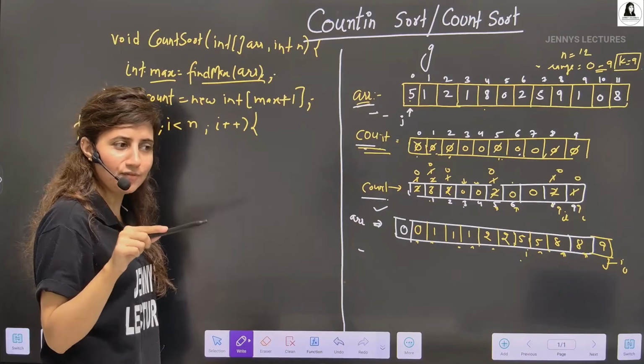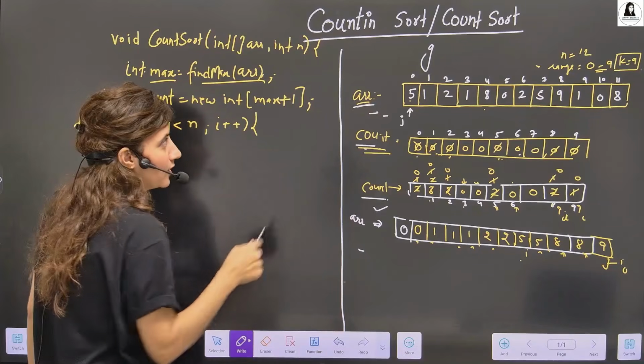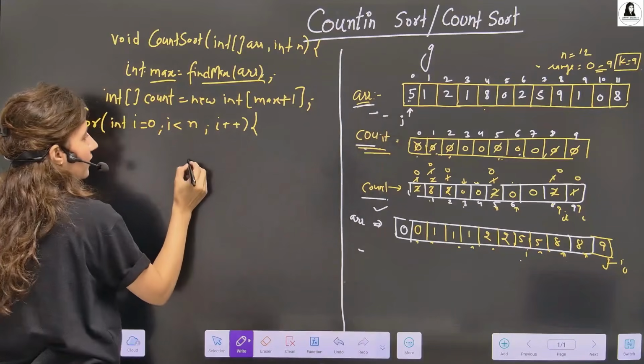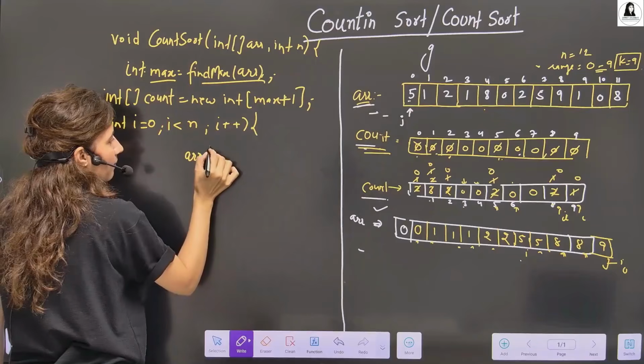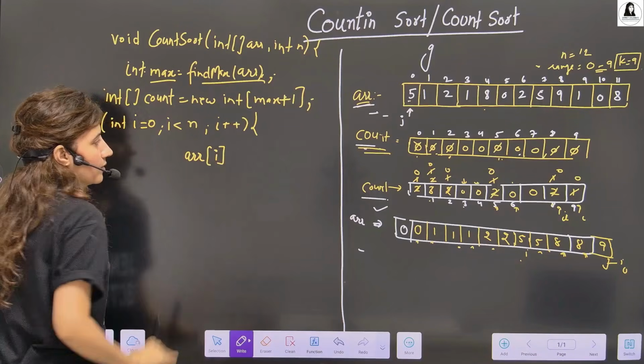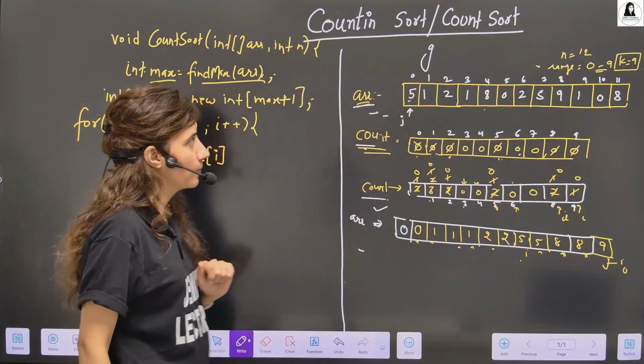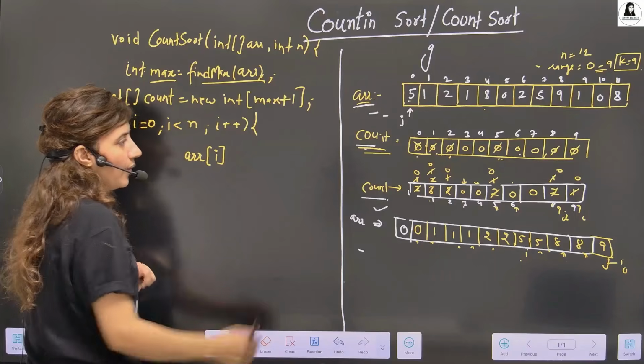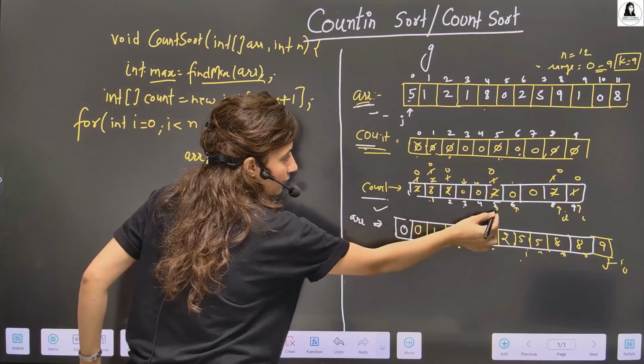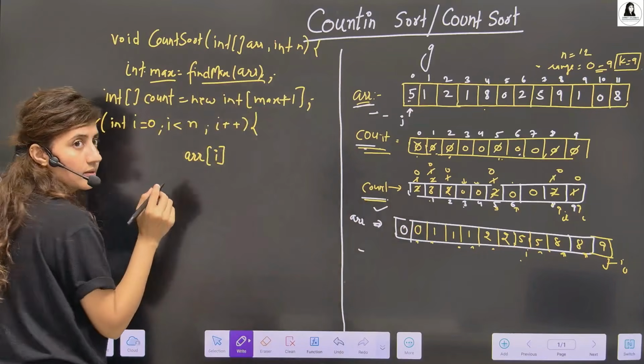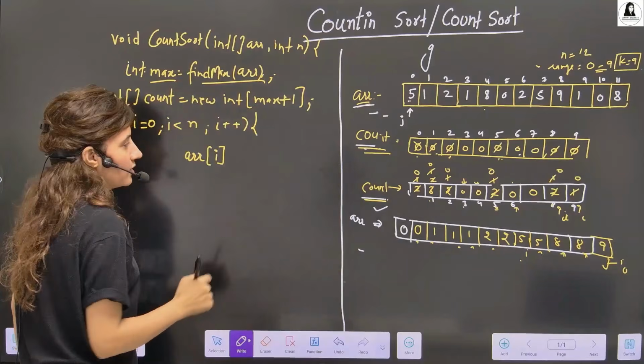That's exactly what we do to count the frequency. So how to get this element from this array? We can get it by array of i. This will give me 5.